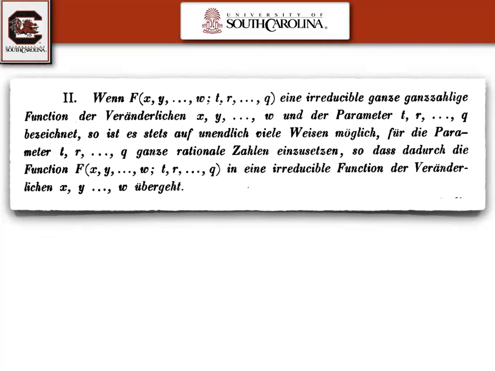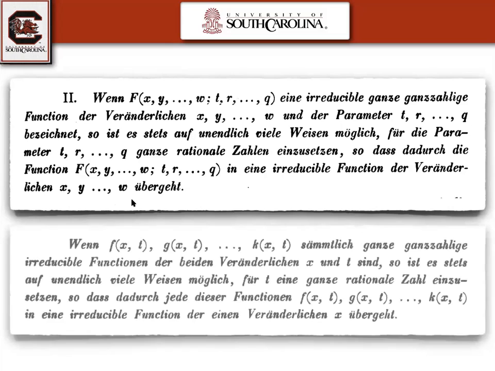So it's basically saying if you have a polynomial in several variables, he's calling these the variables and these parameters, but it's irreducible in all of these variables, that you can find infinitely many rational values for these, what he's calling parameters, so that the polynomial remains irreducible in the other variables. So he does do that variation.